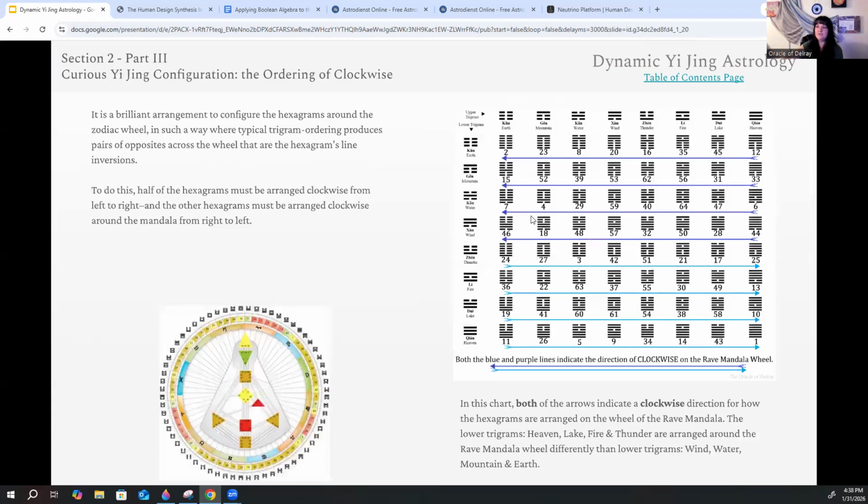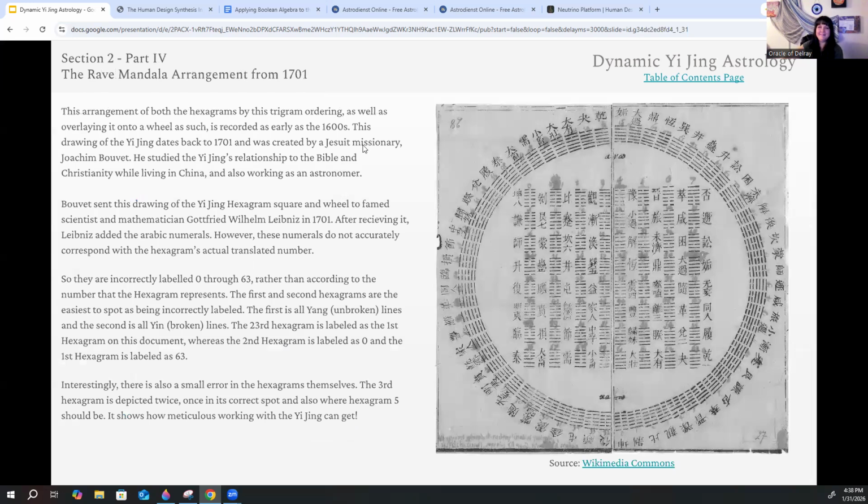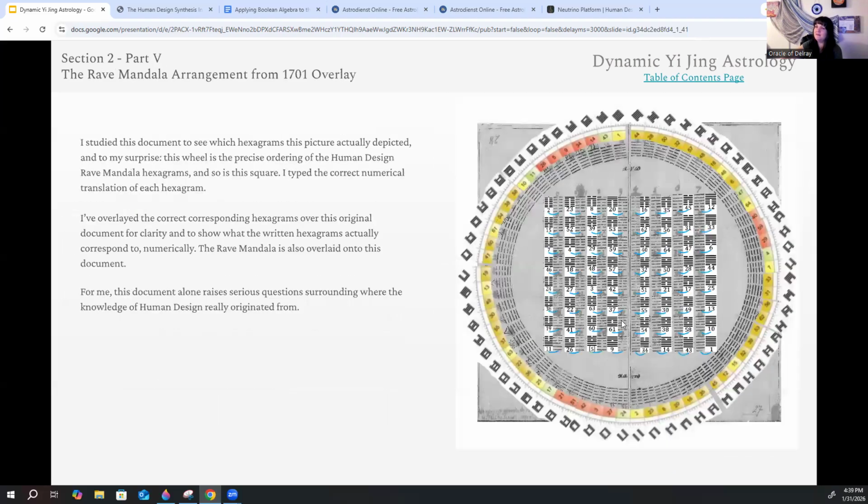This is just an overview of how I think this goes beyond 1987, because this is the first instance of the human design wheel, and this is a document from the 1600s. So this is a precise configuration of the I Ching that human design uses, and both the alignment here and the wheel, I talk about that.